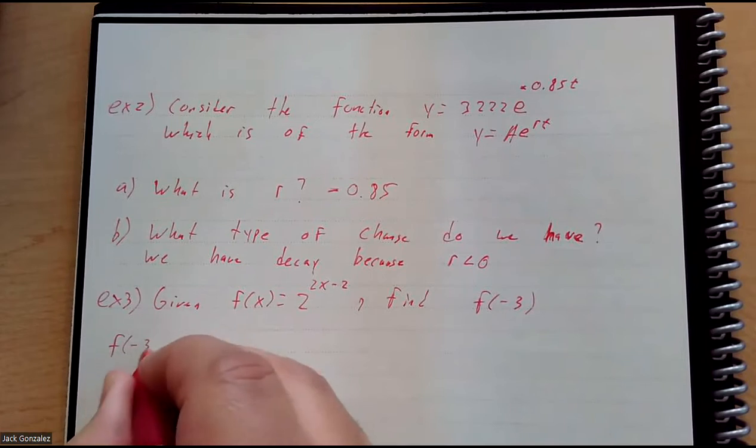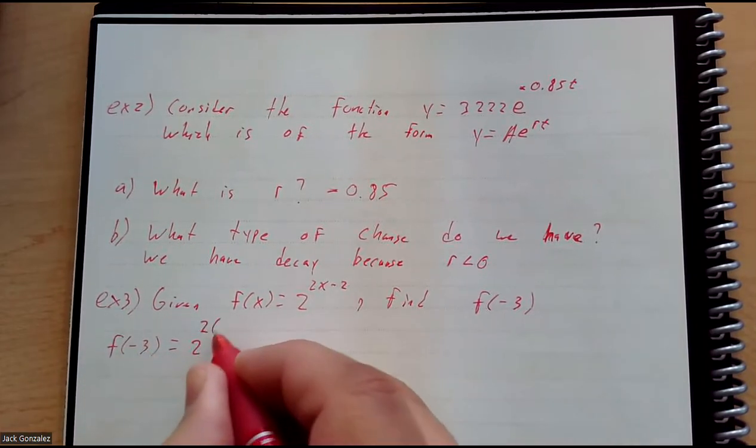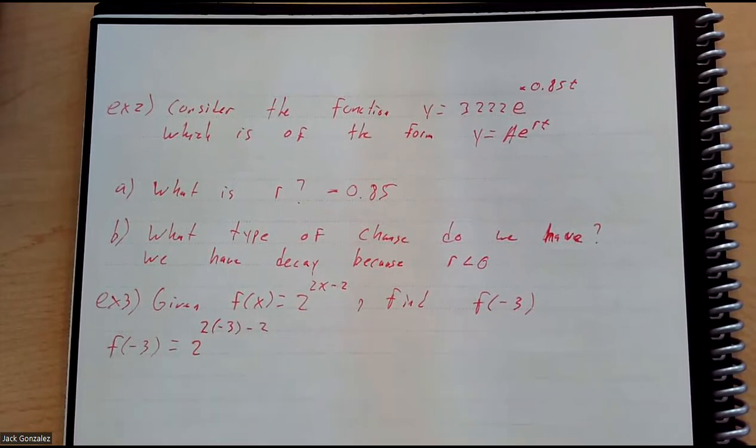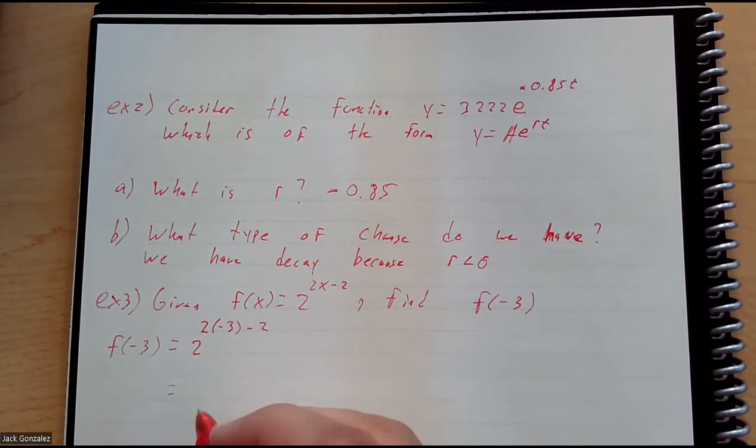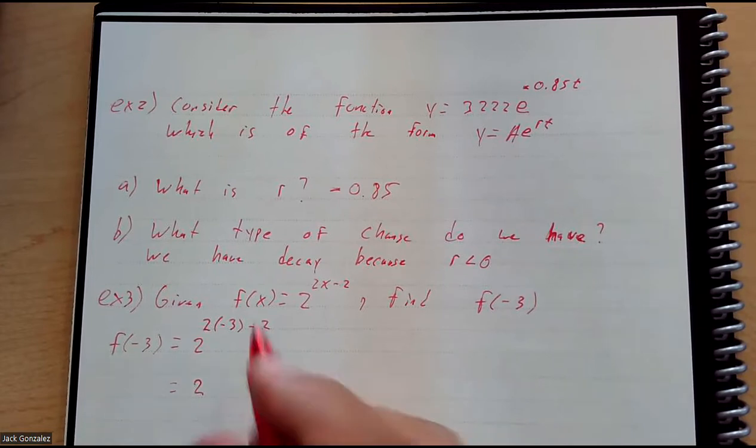So f of negative 3 will be 2 to the 2 times negative 3 minus 2, which is some weirdo number. 2 to the what? Negative 8.